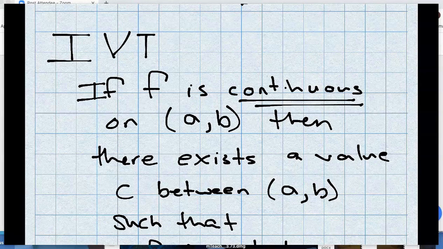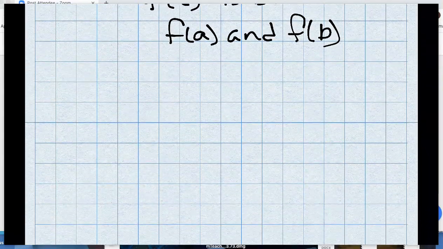I referred to it at one point as the elevator theorem. If you start at level 4 in a building and you ride an elevator to level 16, you go through every floor in between. You would have to, because the elevator is a continuous thing. Laura Thompson years ago explained it that way to me in the whole class, and I said, that's a great way to explain it. So I really liked her explanation.